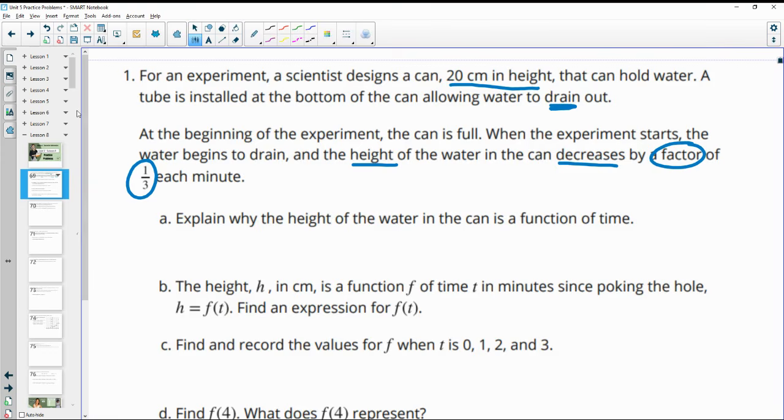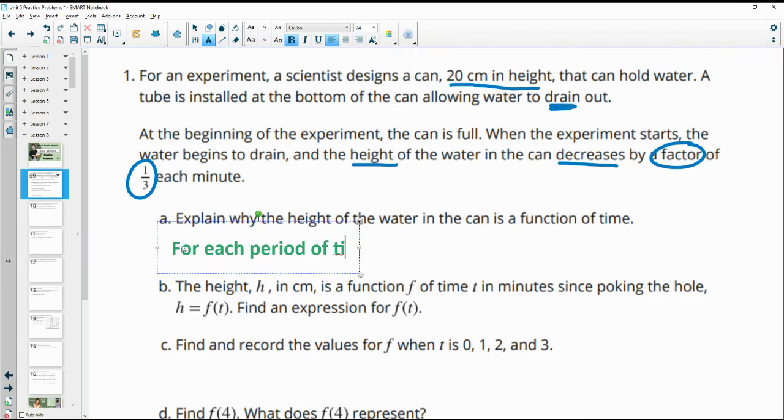And so we know that something is a function when each input has exactly one output. And so in this case, the input is time. So for each period of time, or each time measurement, there is exactly one height, or there is a unique height.